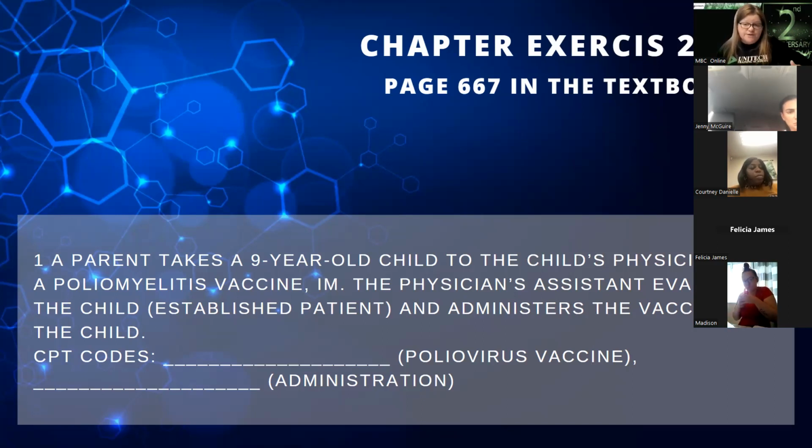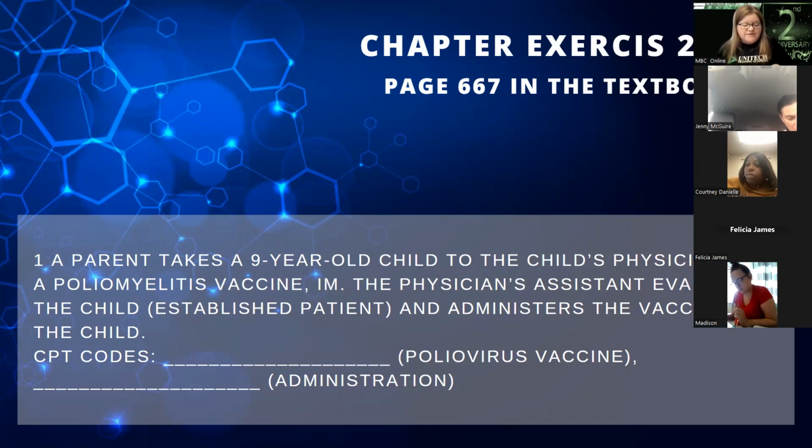You use the 90460. And right under it there's a plus symbol, 90461. Each additional vaccine or toxoid component administered, list separately in addition to code for primary procedure.